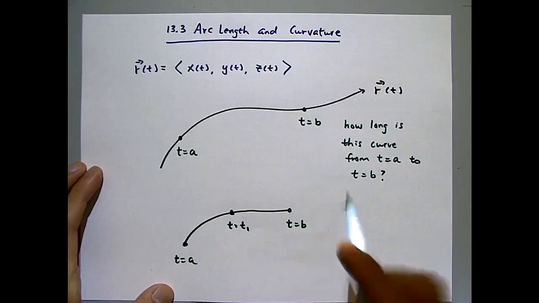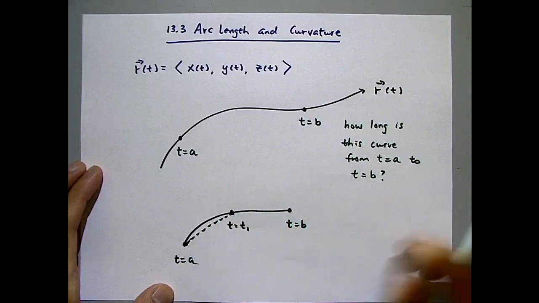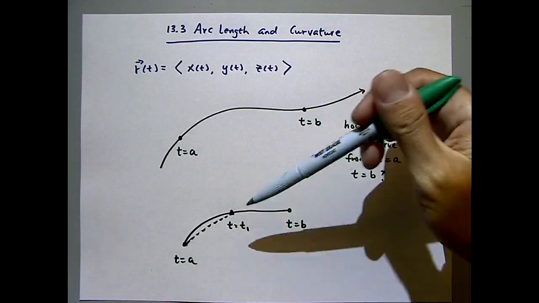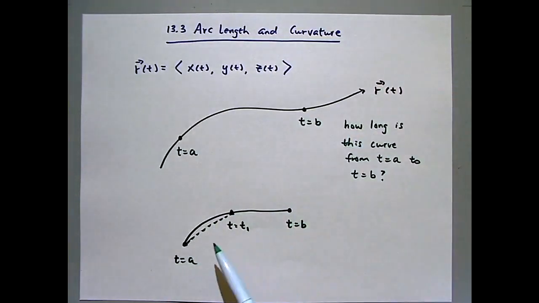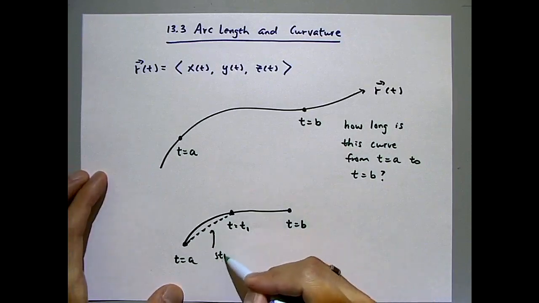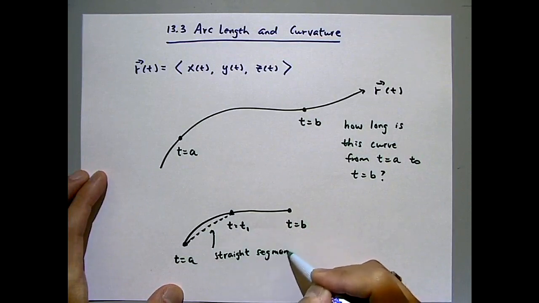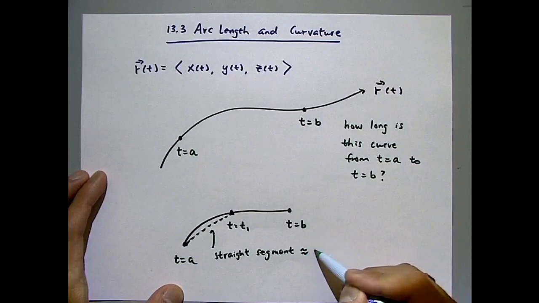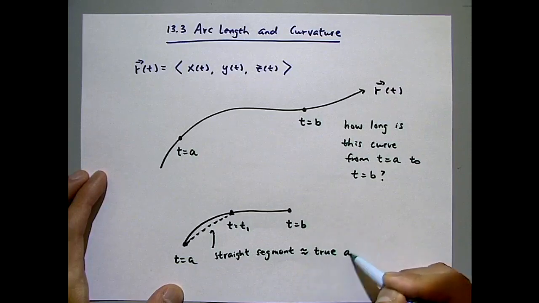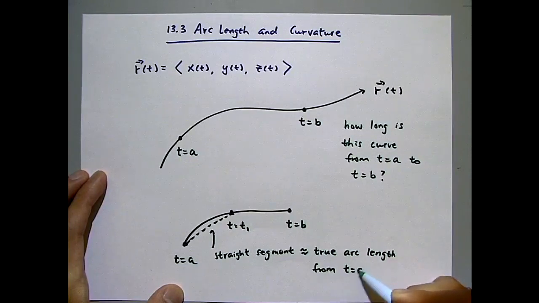From a to t1, notice that the straight line segment is approximately equal to the curved segment. It's roughly equal to the true arc length from t is equal to a to t is equal to t1.